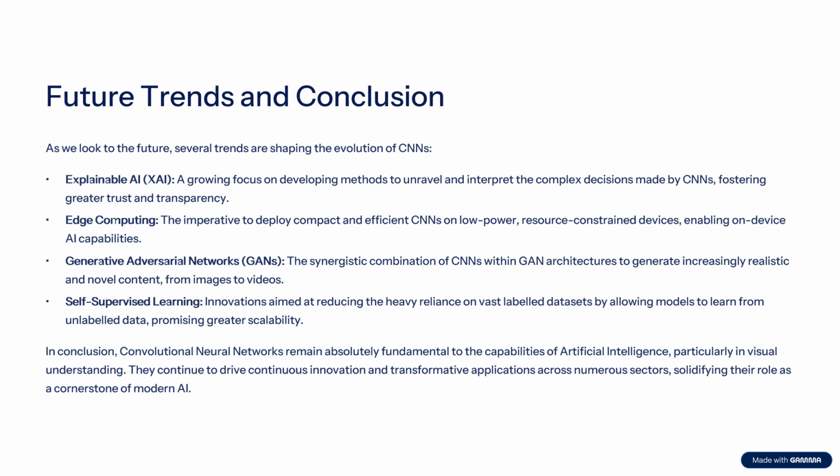In conclusion, convolutional neural networks remain absolutely fundamental to the capabilities of artificial intelligence, particularly in visual understanding. They continue to drive innovation and transformative applications across numerous sectors, solidifying their role as the cornerstone of modern AI.